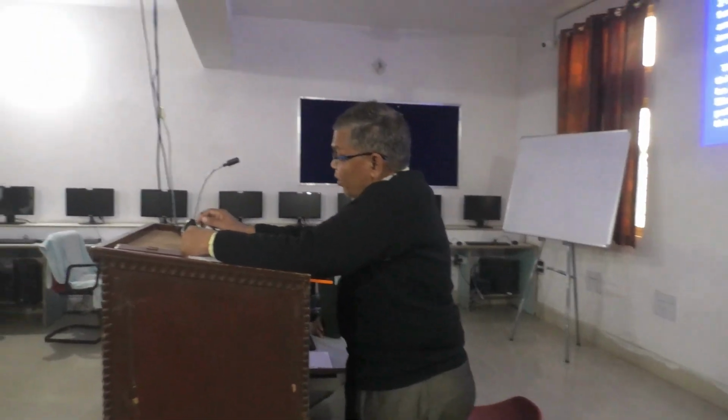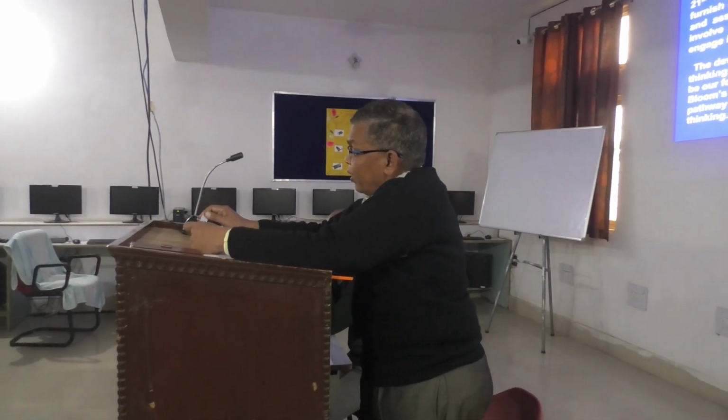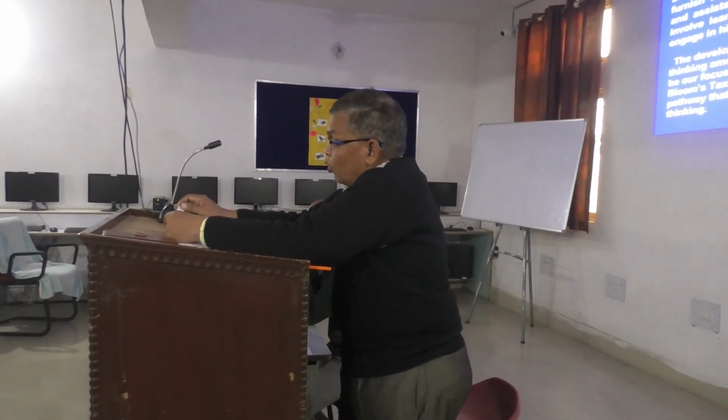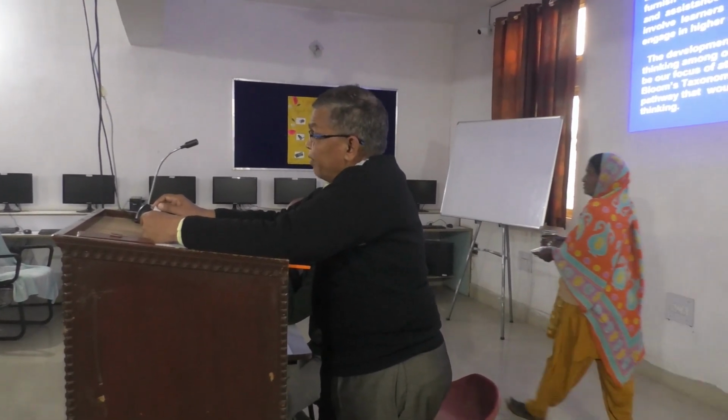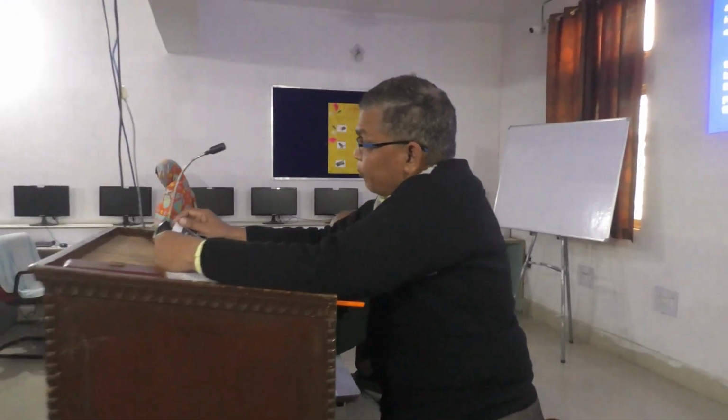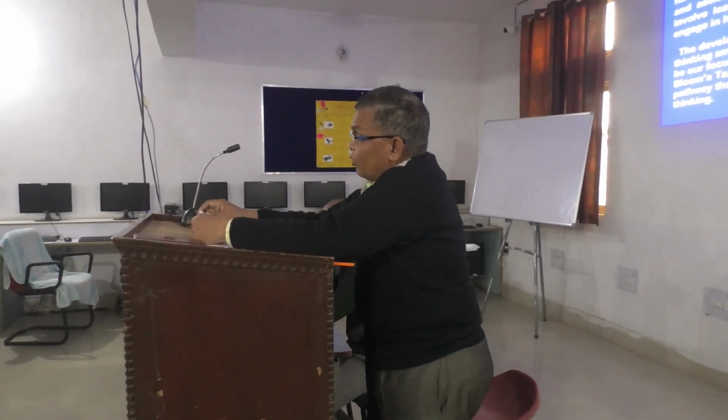The development of improved thinking among our students should be our focus of attention. The revised Bloom's taxonomy will provide the pathway that would lead to improved thinking of the learners.